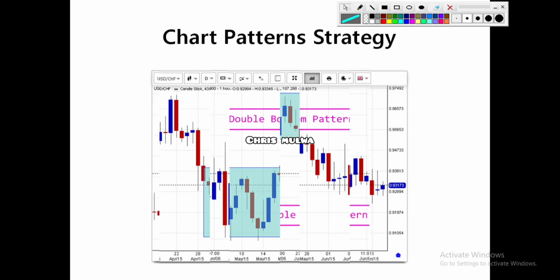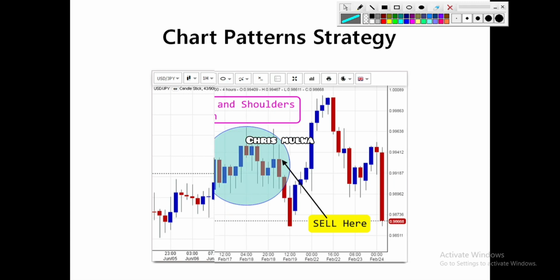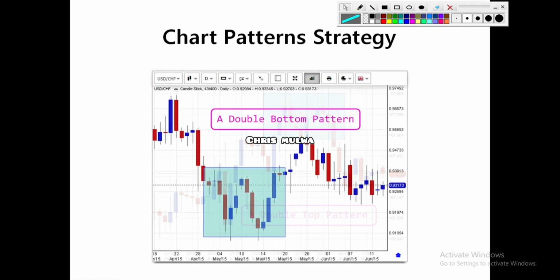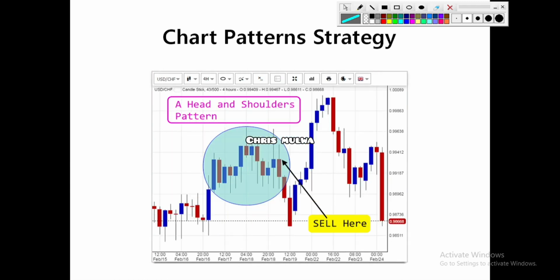Then the next one was the double top, which is the opposite of the double bottom. Then we moved again to the head and shoulders. You can see the head and shoulders, what we have covered.